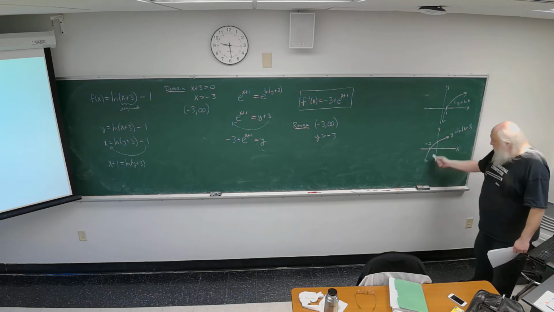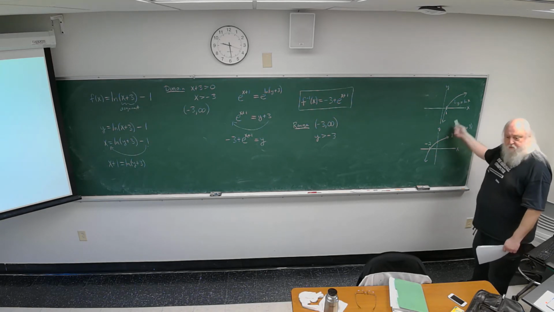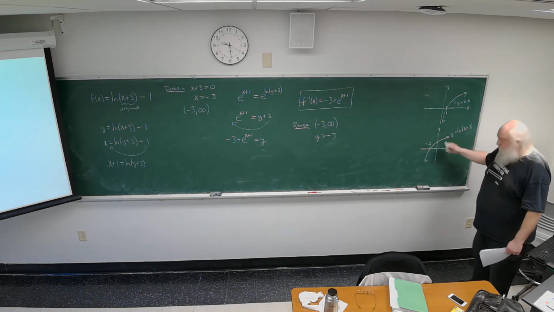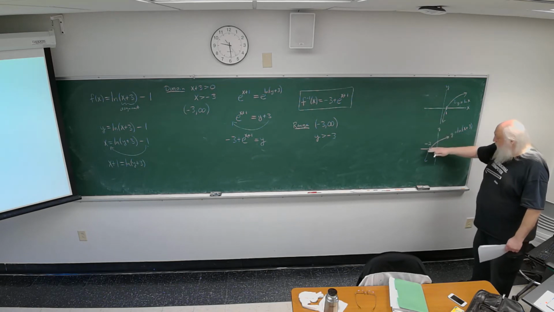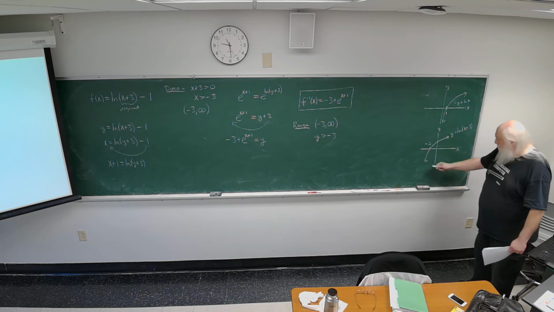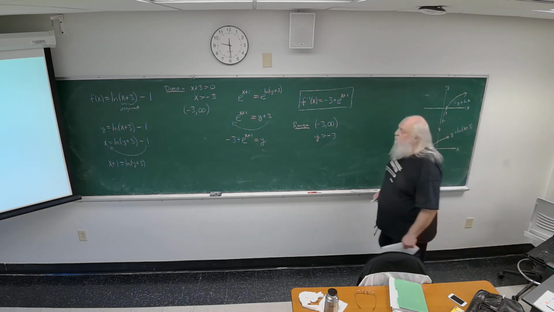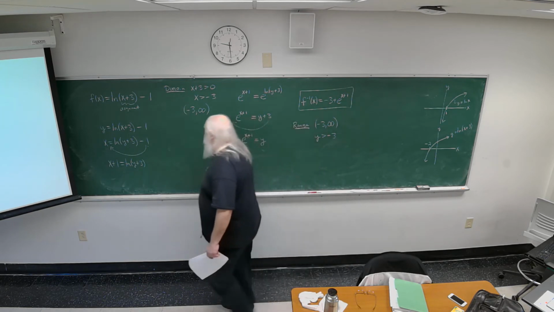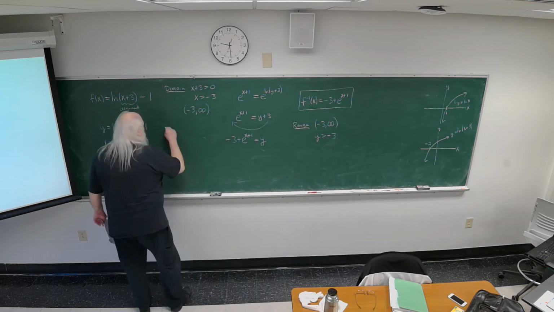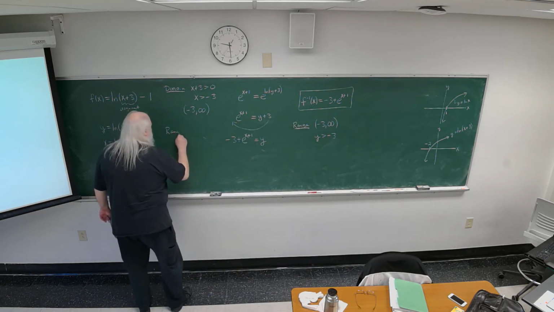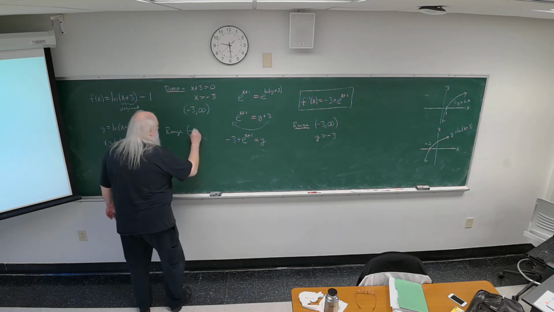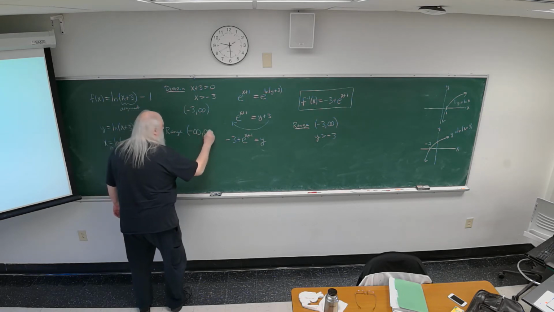So there's no minimum y coordinate, there's no maximum y coordinate. After you shift this graph to the left 3 units and down 1 unit, there's still no minimum y coordinate, there's still no maximum. So the range of f of x is all real numbers.